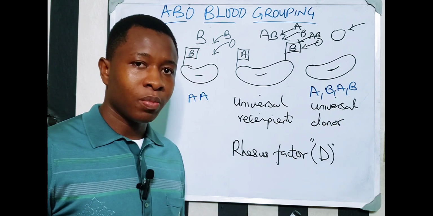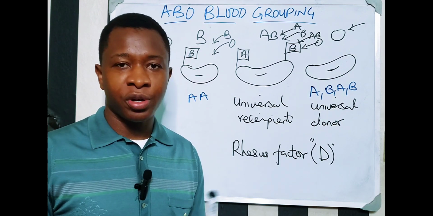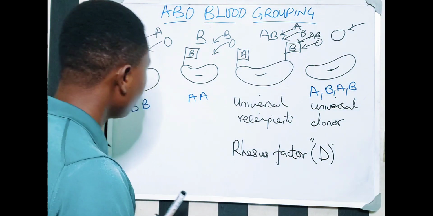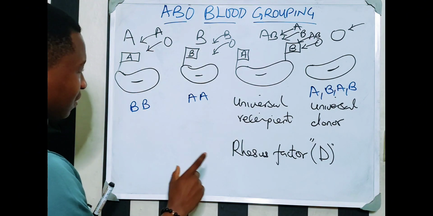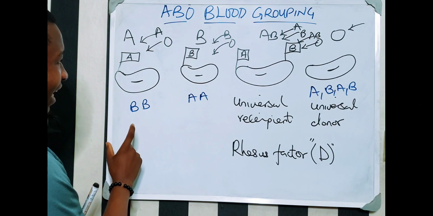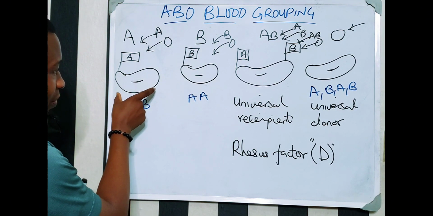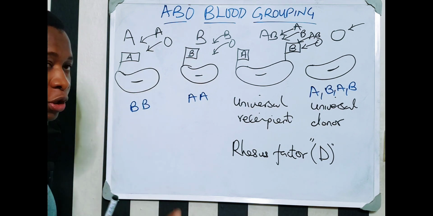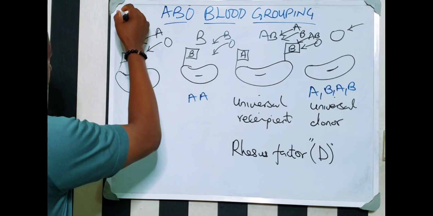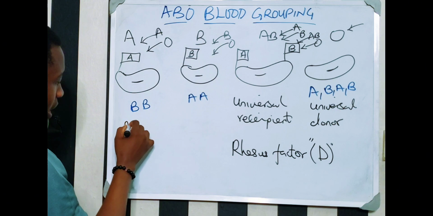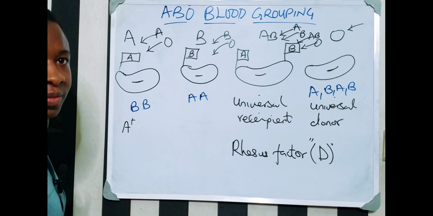When it is negative in your blood, that means you are negative for the Rhesus factor. So if you have the Rhesus factor present in the surface of the red blood cell, the A blood will be A positive.